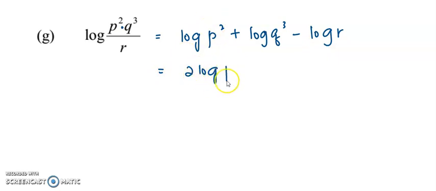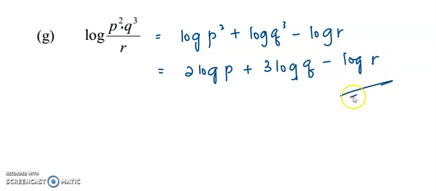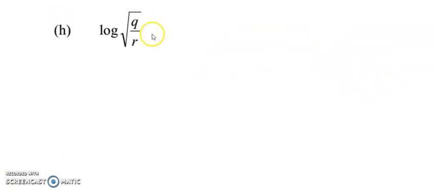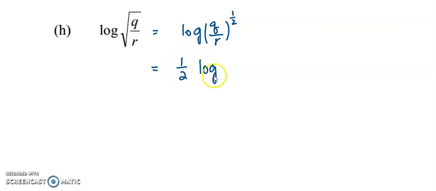I got 2 log p plus 3 log q minus log r. This example is slightly different from the previous question. I need to convert the third into a power of 2 first, then move 1 over 2 to the front.